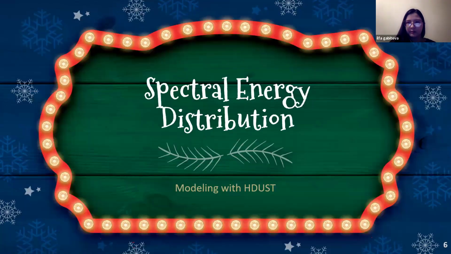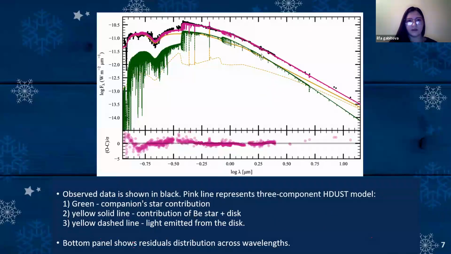The next step was modeling of the SED done with HD-dust, a radiative transfer code. Here is a plot of the best fit solution. The black dots show observed data, and the pink line is the best solution model, which is a three-component model.